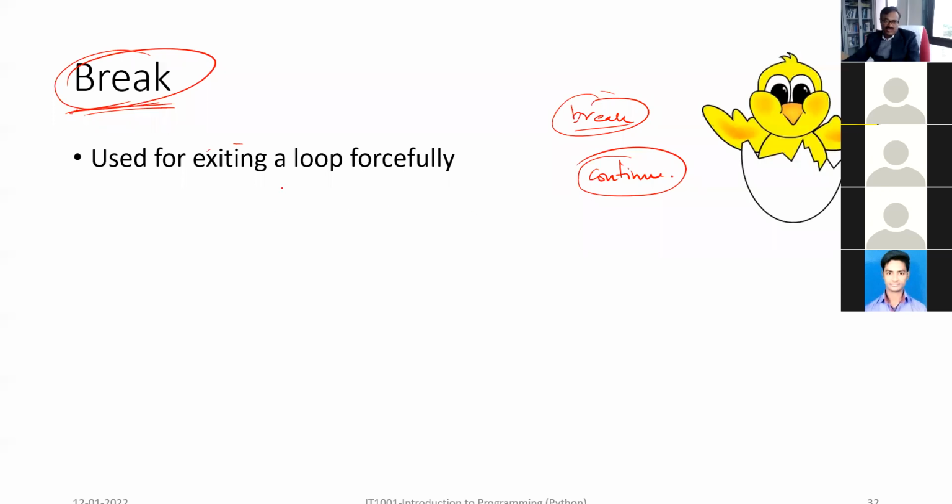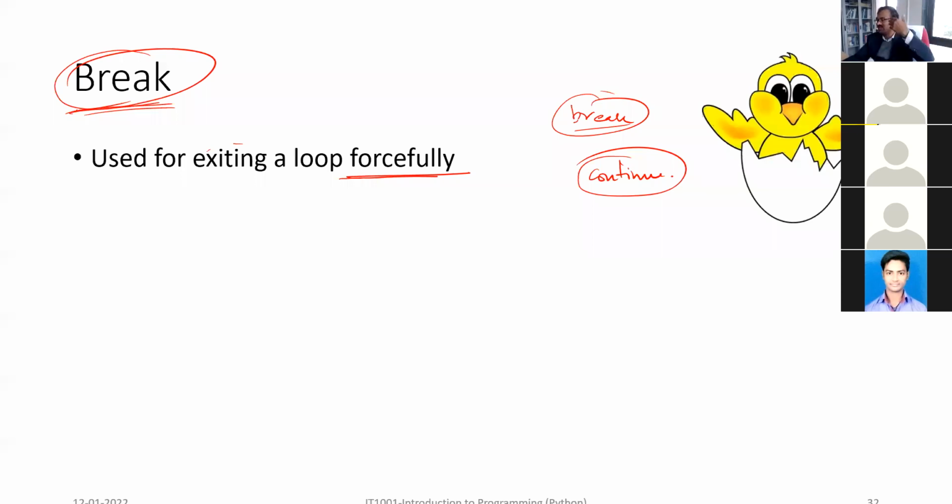So this break is used for exiting a loop forcefully. So let's say you are using a for loop which is supposed to run 100 times, but at some point you are also checking some condition, that if this is satisfied, if you got money in your pocket, okay, just leave it, the rest I don't care. So you want to break that execution, right?